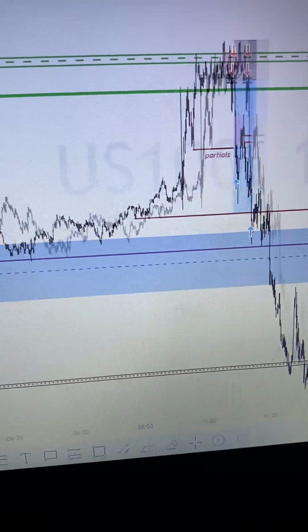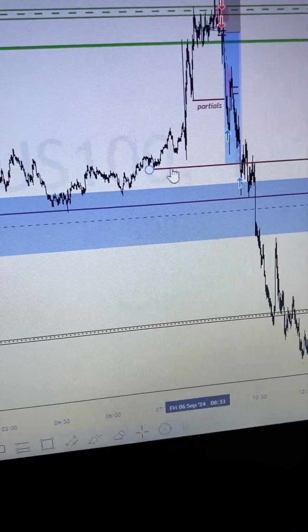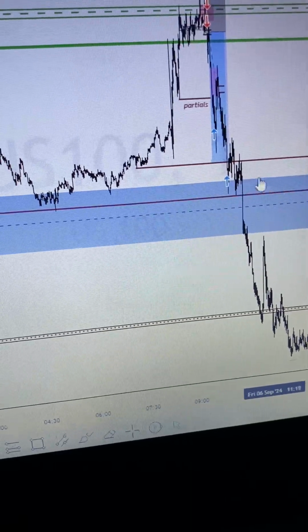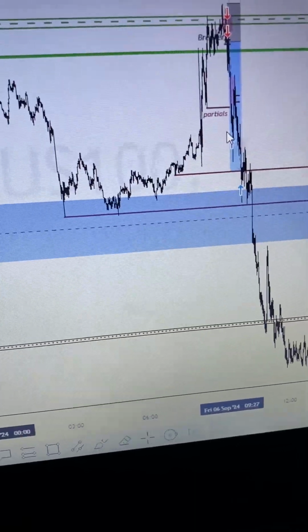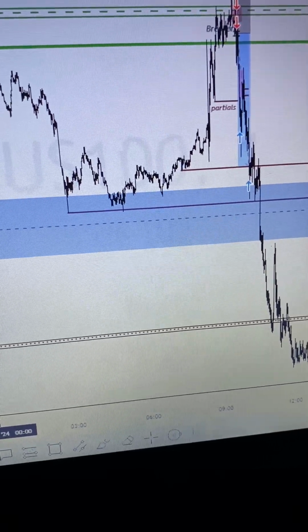And then that was it for today, guys. Also for my target day, I saw this 1 hour fair value gap. There was a possibility of it pushing price back up, and I don't want to see me making money and giving back to the market. I'm here to make money, not to give you money.